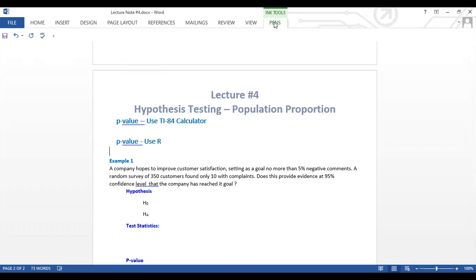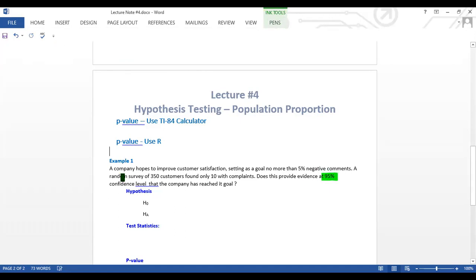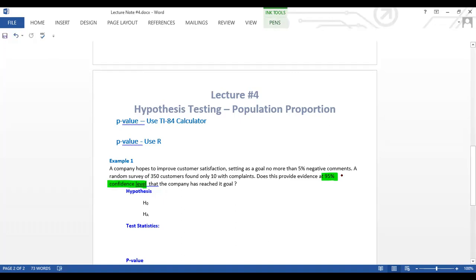Okay, so first thing, be careful here. We say 95% confidence. That means I'm 95% sure. So translate that to the alpha value. Alpha will be 0.05, right? 5%. That means I only have a 5% chance of making the wrong decision.